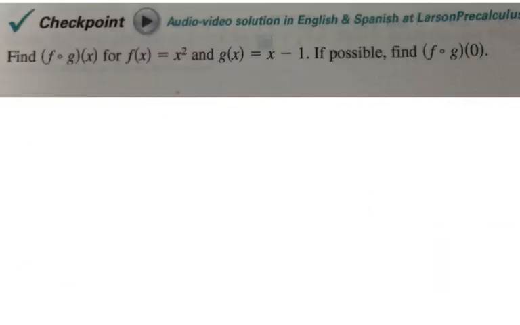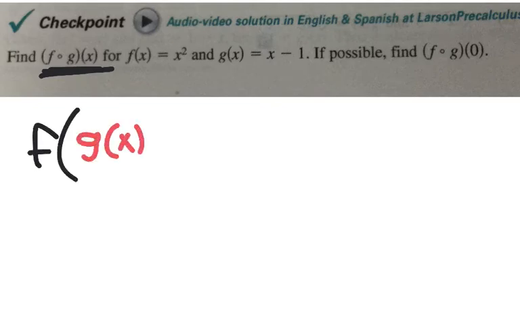Okay, so right here it tells me to find f of g of x. So what this is saying is it's f of g of x. So what is g of x?